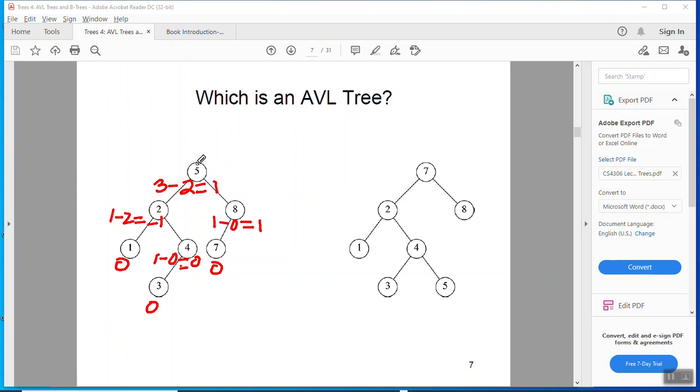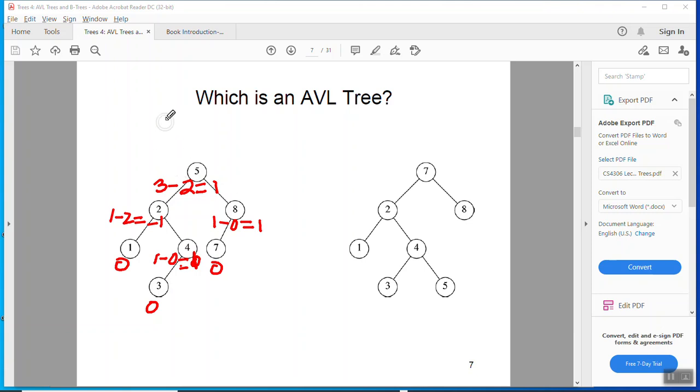So for every node we see that it has balance factor 1, -1, 0, 0. I'm sorry, this would be 1. This is 1, this is 0, and this is 1.